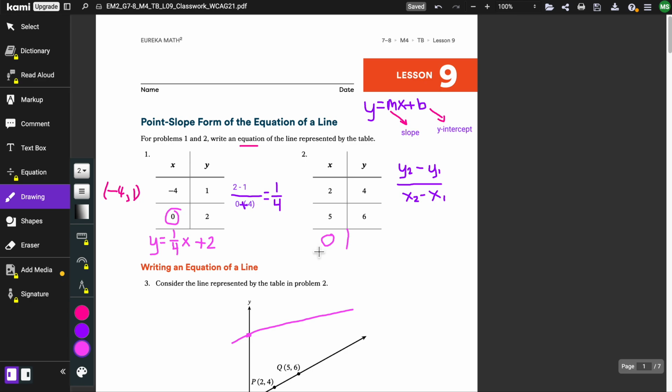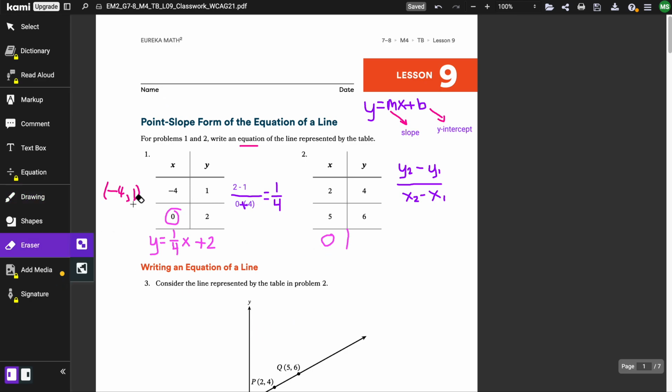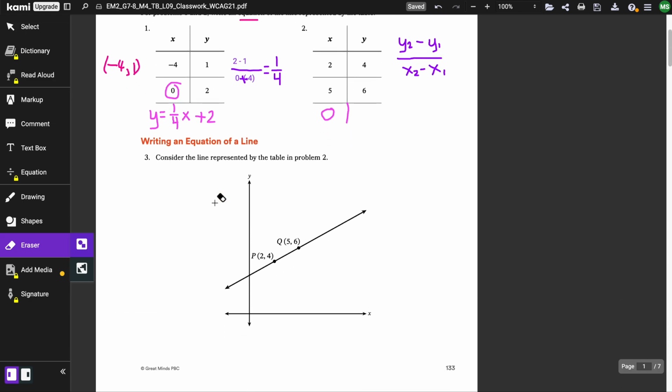So this is the work on page 133. Just a review of how to find slope when given a table, when given a graph where you can't count up or down. Remember, we're still using this slope formula.